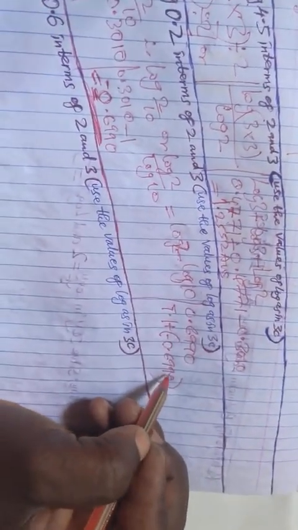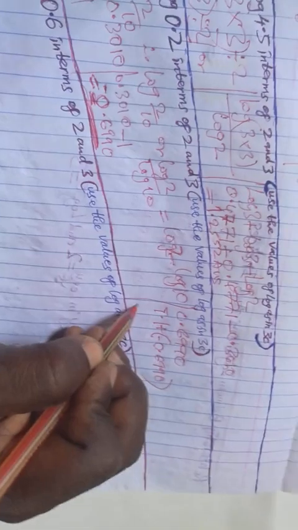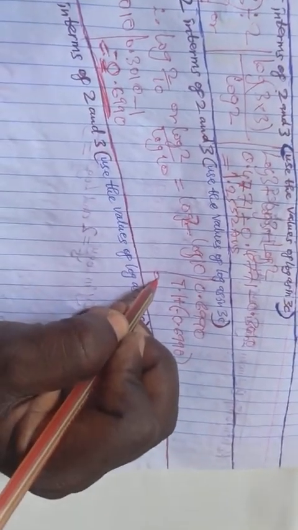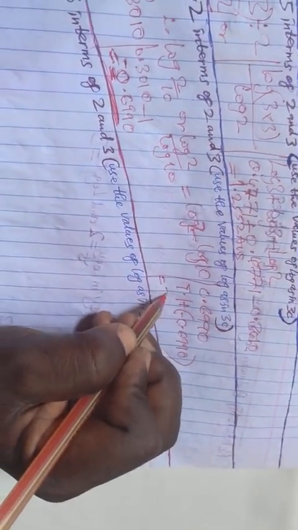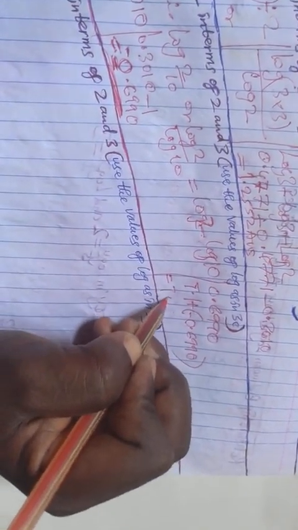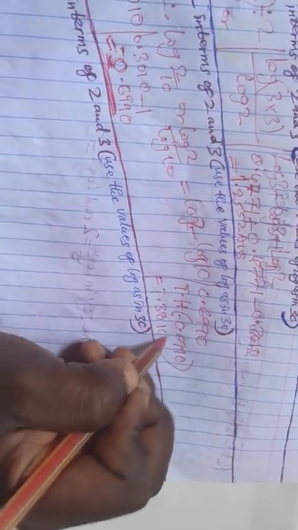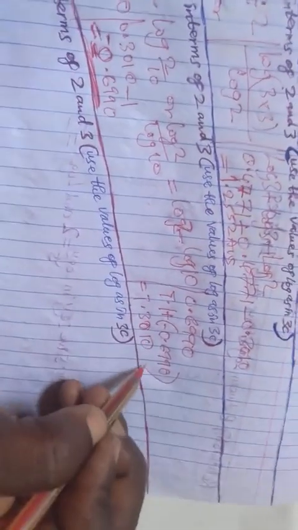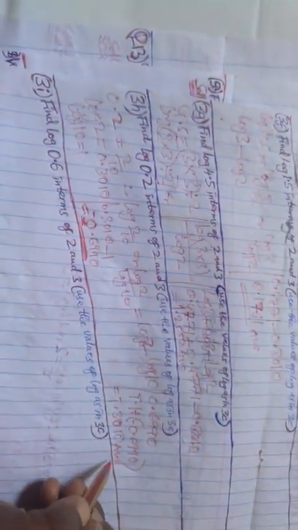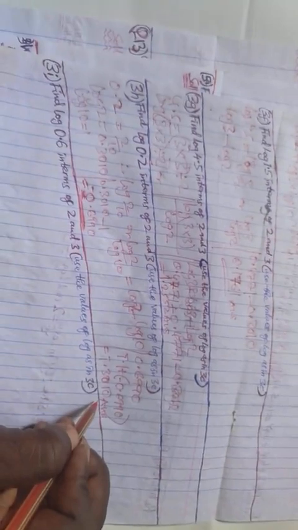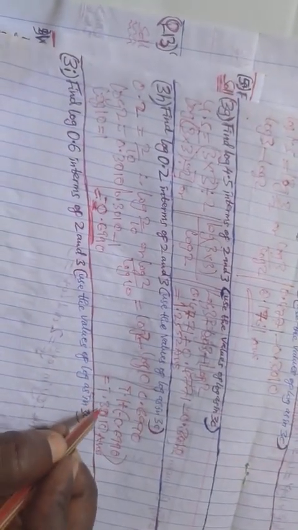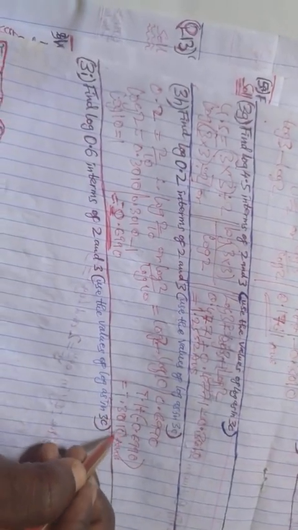This will further give us our answer as bar 1.3010. This is the answer for question number 3H.